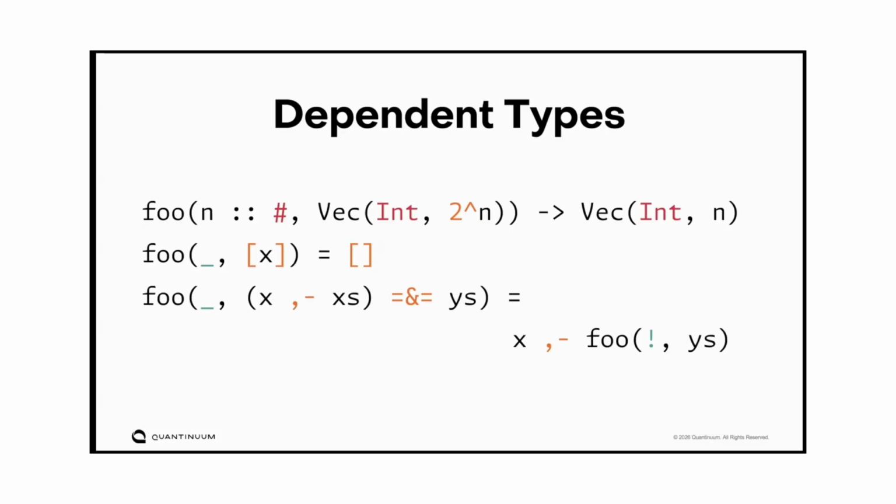And what is n? Is it 2 times n? And what is this n? And that allows us to kind of check what these constructors mean, right?